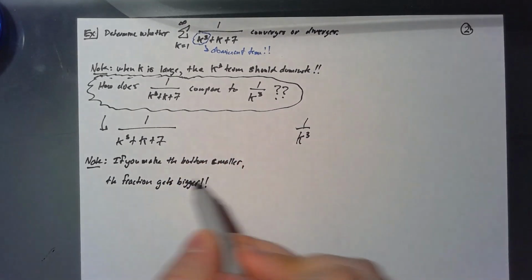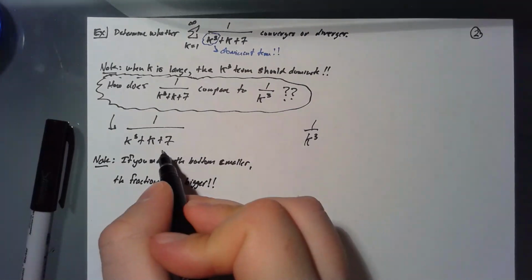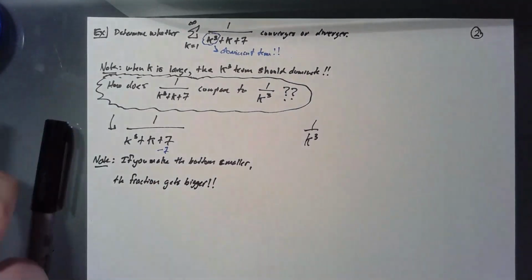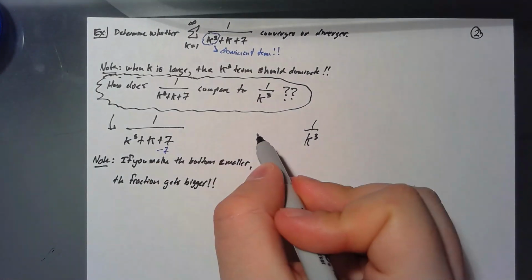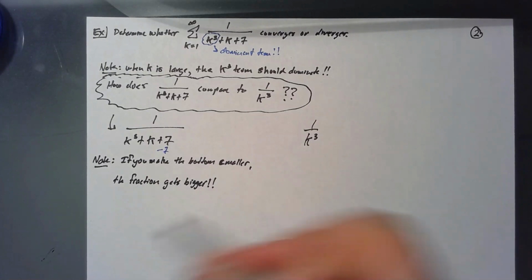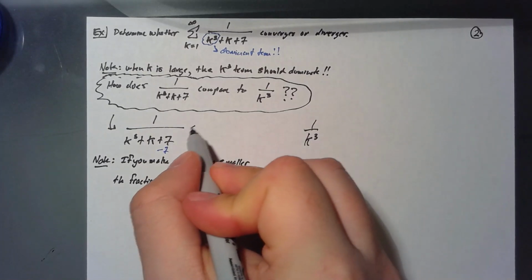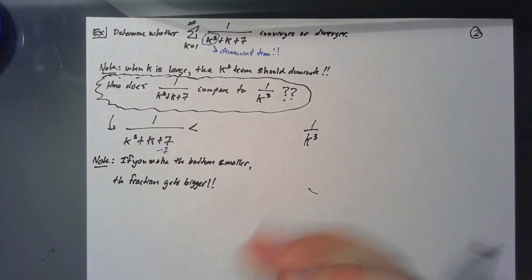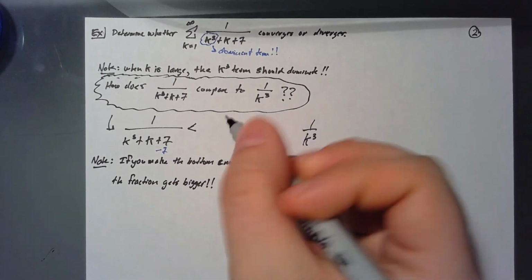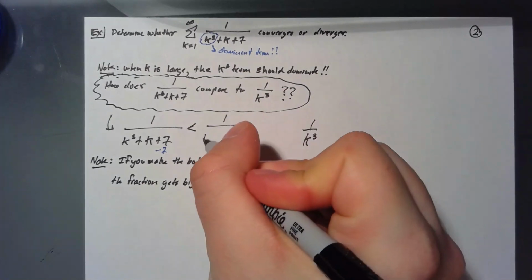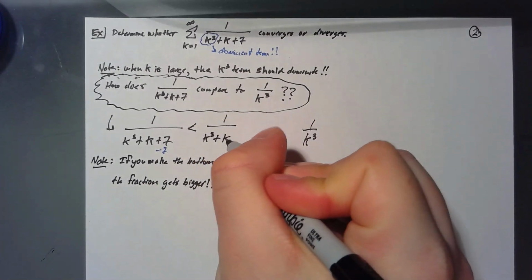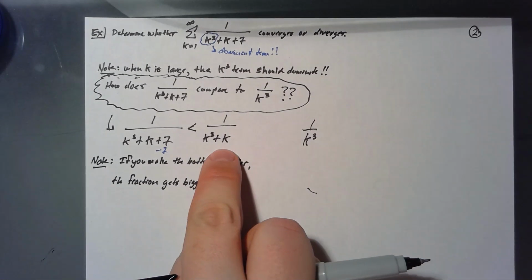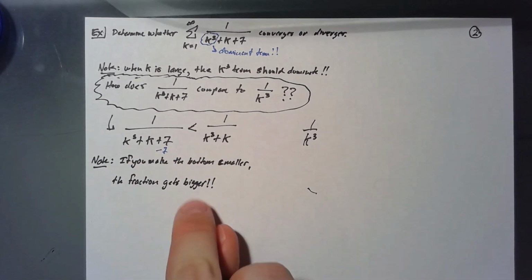And this right here is the important thing. If I take 7 away, then the next fraction, based upon this note, is going to get bigger. So in other words, I have a less than symbol, because this term next to it is going to be bigger. If I subtract 7 from there, I'm going to have 1 over k cubed plus k. This fraction is bigger than this fraction because of this note.